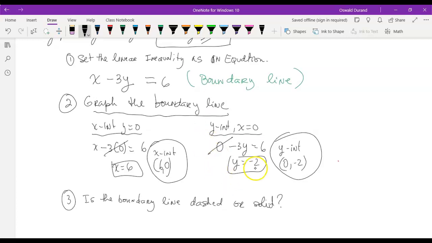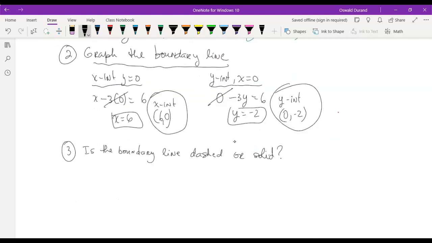Well, the dashed part means that the line is not part of the solution. All the points on the line are not part of the solution, right? And that happens when you have less than or greater than. There is no equal sign whatsoever.